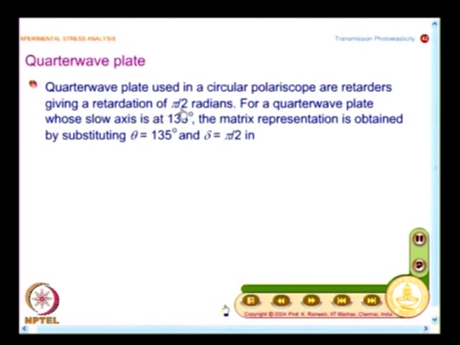So, we know the retardation, and we keep the quarter wave plate at appropriate angles. One such angle is 135 degrees, the other angle is 45 degrees, and look at how the retarder is represented.